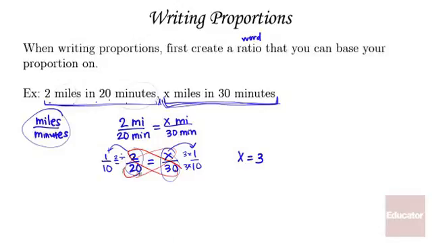It doesn't matter which way you go first. 20 times x is 20x, equal to 2 times 30, which is 60. If I double 30, it's 60, right? Well, 20 times what equals 60? 20 times 3 equals 60. 20, 40, 60, that's 3. So x will become 3. That's the same thing. It doesn't matter which way you solve, as long as you make it so that this ratio is equal to this ratio.